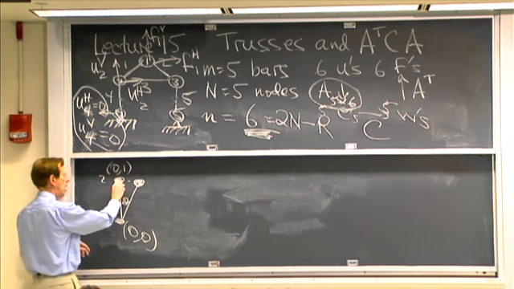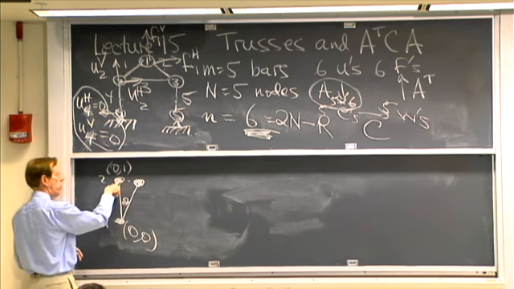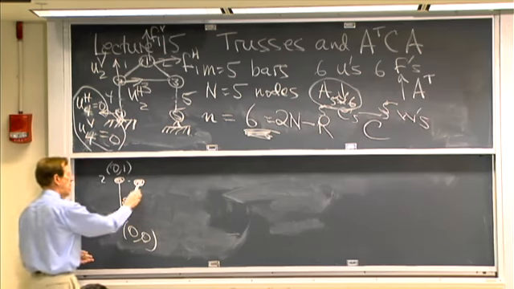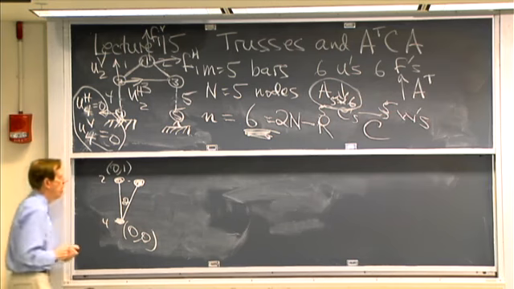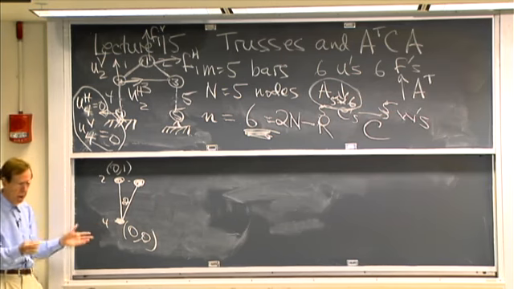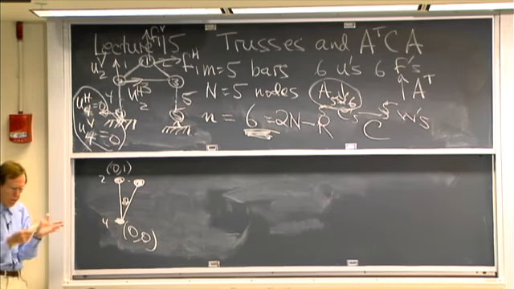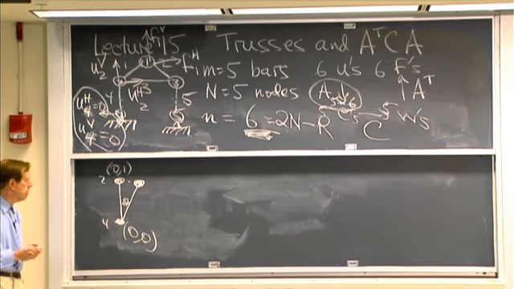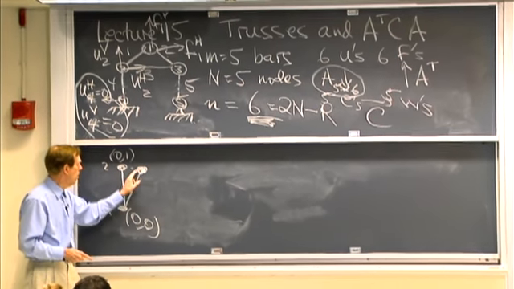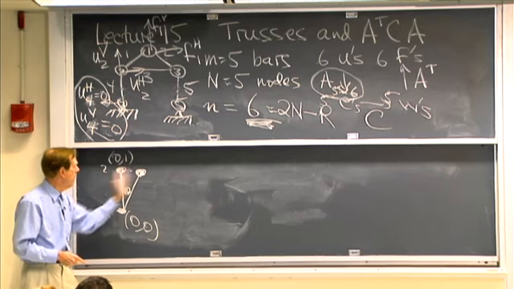And now, that's before it moved. Then it moved a little bit. It moved to an angle theta. What's the position of that node? What's the new position of the node? And then we'll look at the difference and we'll see the movement U, the displacement. So how far did it move?